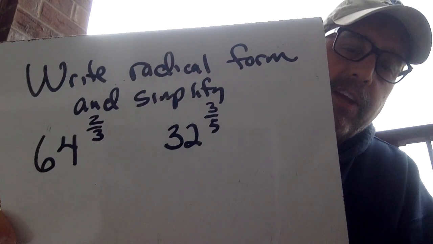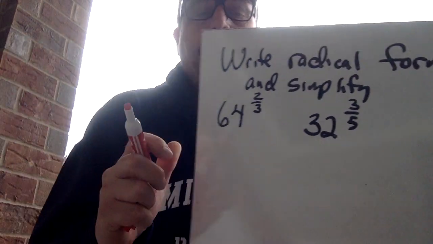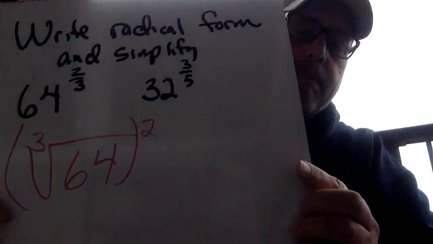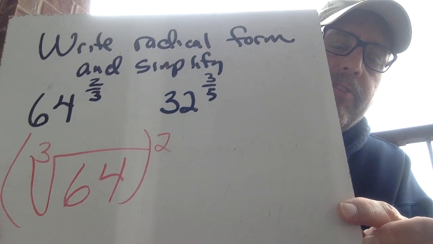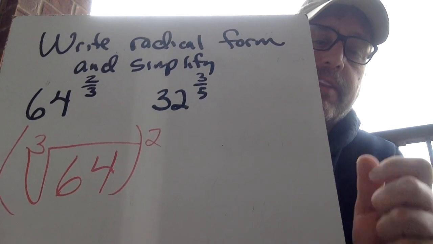Let's try this. Write in radical form and simplify. We can write that 2/3, how you see it right there, to the 2/3, just like that.